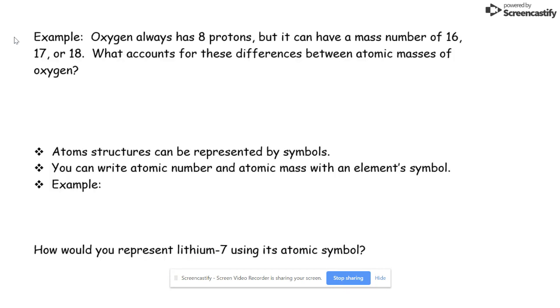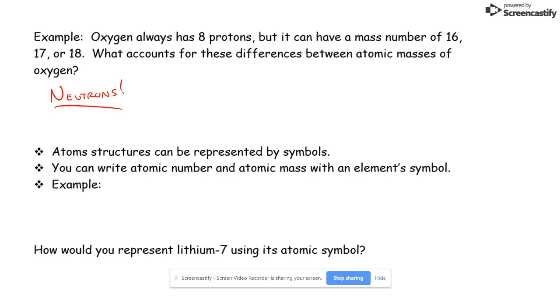So oxygen always has 8 protons, but it can have a mass number of 16, 17, or 18. What accounts for the differences between the atomic masses of oxygen? I know a bunch of you are already saying it in your heads: it comes down to the number of neutrons.